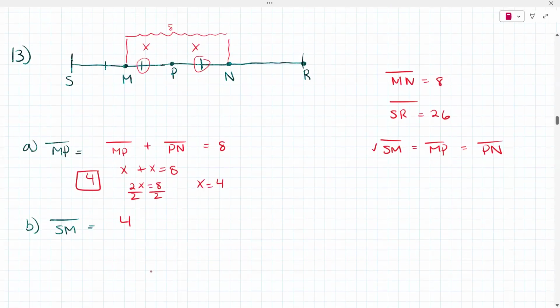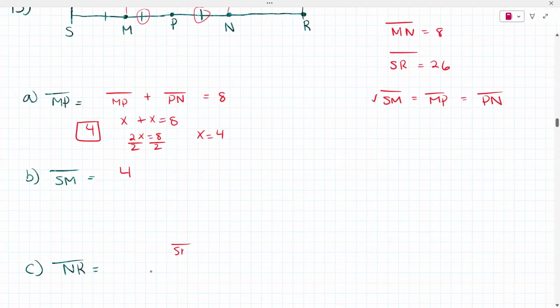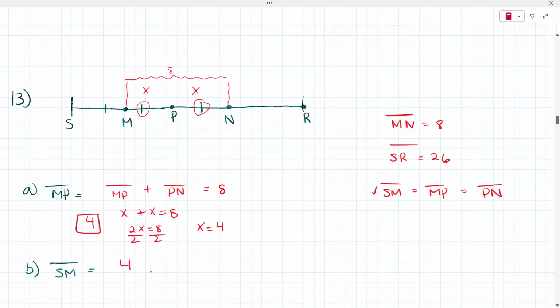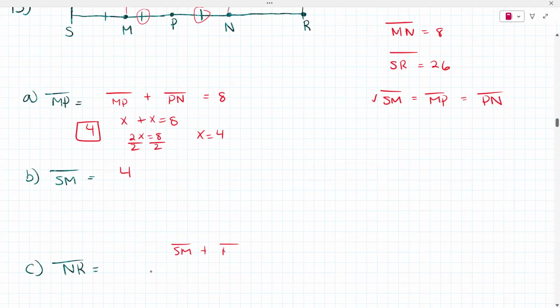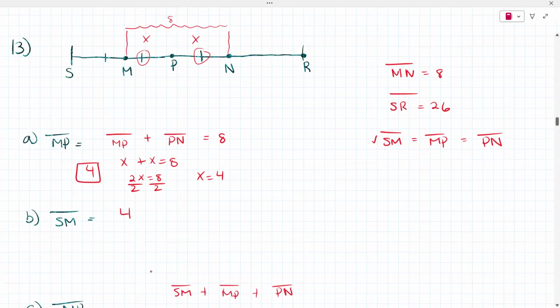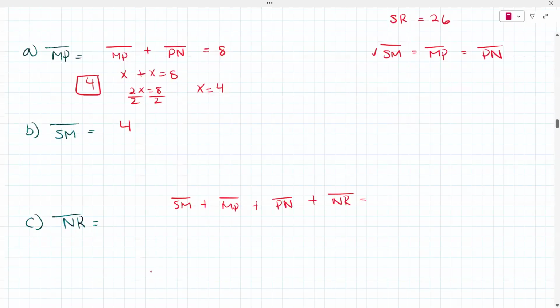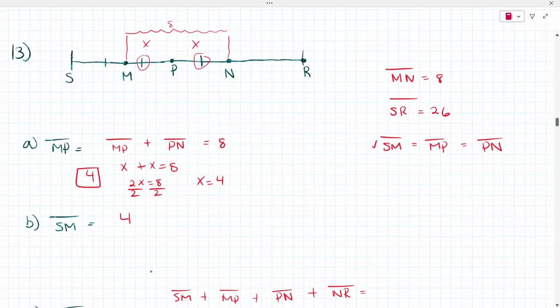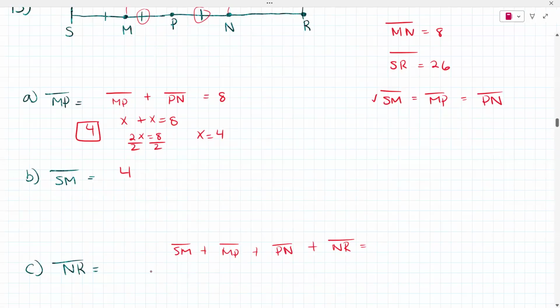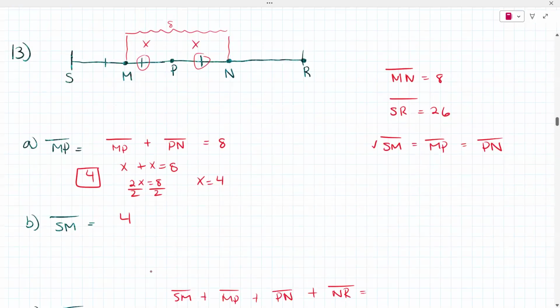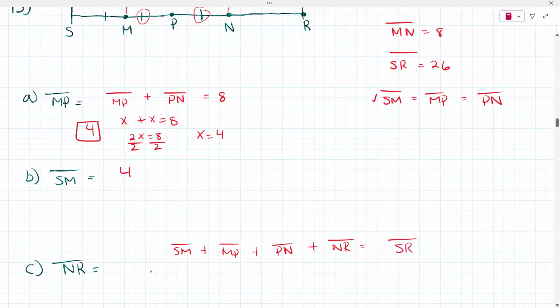So we know that the distance of line segment SM plus line segment MP plus line segment PN plus line segment NR is going to equal the total distance of SR. So we know that line segment SM is 4.